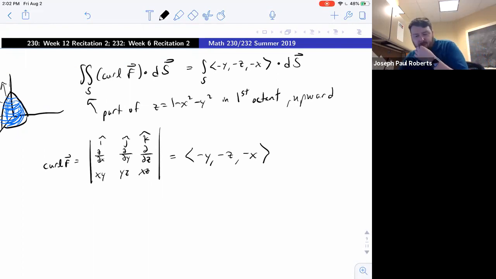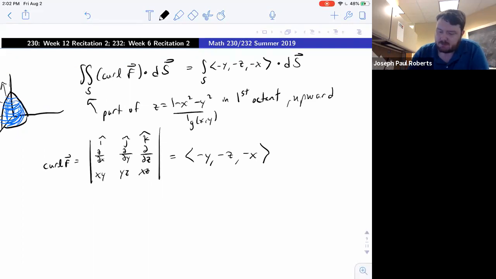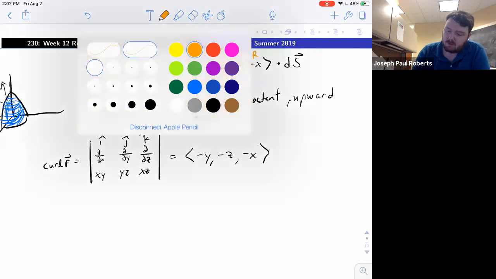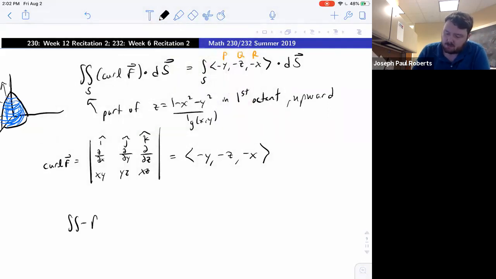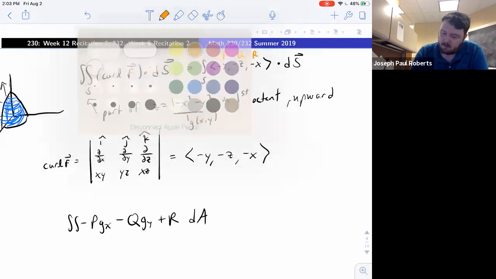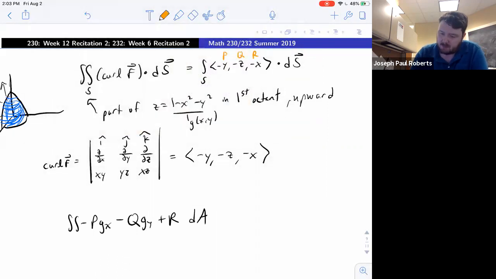So this is where you have to be careful. I'm going to then use the flux shortcut formula for this z graph, where P, Q, and R are the components of whichever vector field I'm taking the flux of, which is not F in this case, it's curl F. So when I go to use this minus P g_x minus Q g_y plus R, that's the flux formula.